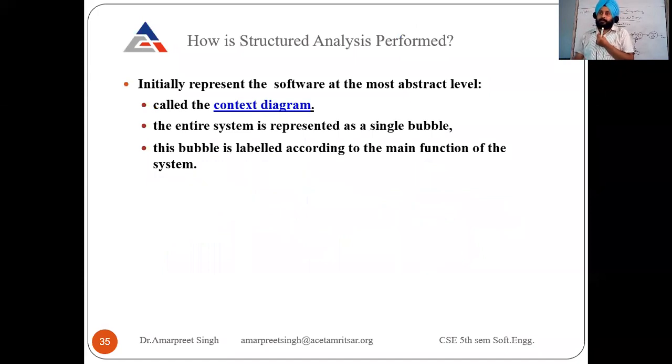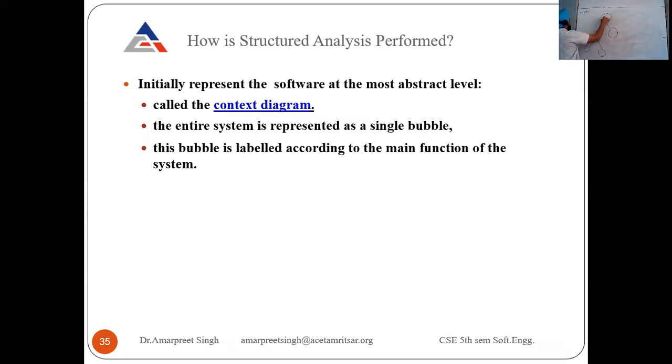Initially, how is structured analysis performed? Initially we represent the software at the most abstract level, which is known as the context diagram. So what is basically the context diagram? Listen here carefully. Suppose we have one function. It is further divided into two functions, and each of these is further divided into two functions.